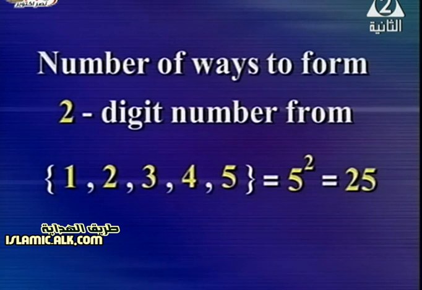When we have 5 cards labeled from 1 to 5 and we obtain a 2-digit number, how many ways to form it? Base is 5, power is 2, 5 power 2 equals 25.